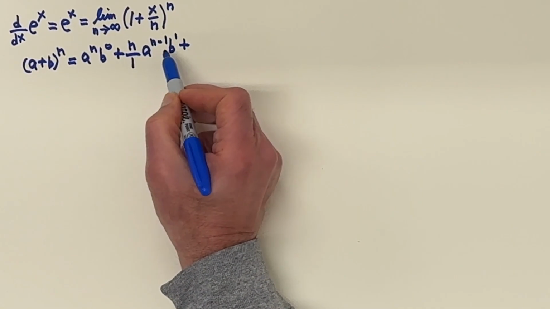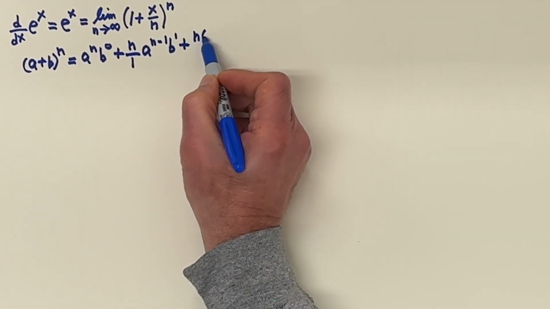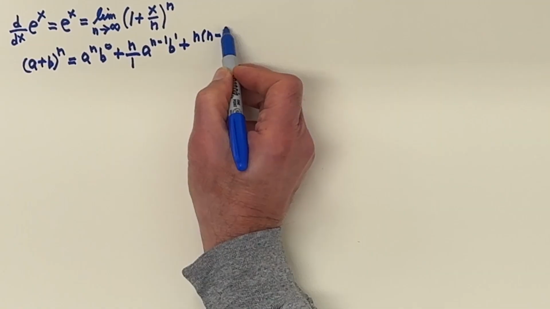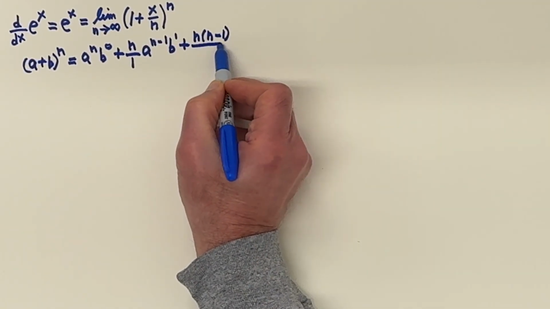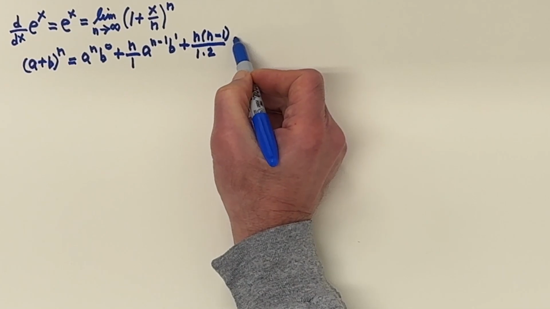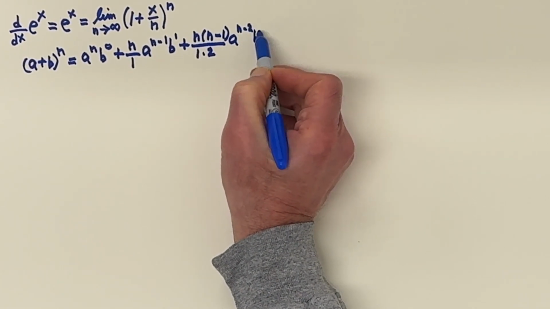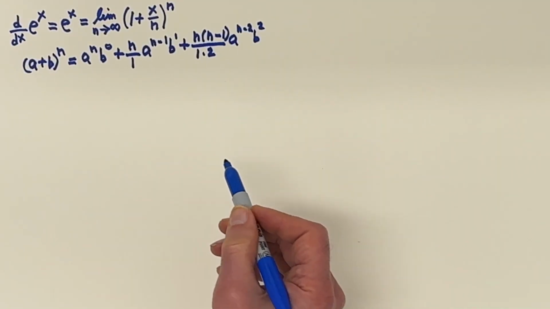Then for what I call the second term, you would have n counting backwards, just 2 factors. Then you would count upward from the beginning, 1, 2. Then you would have a to the n minus 2, b squared.